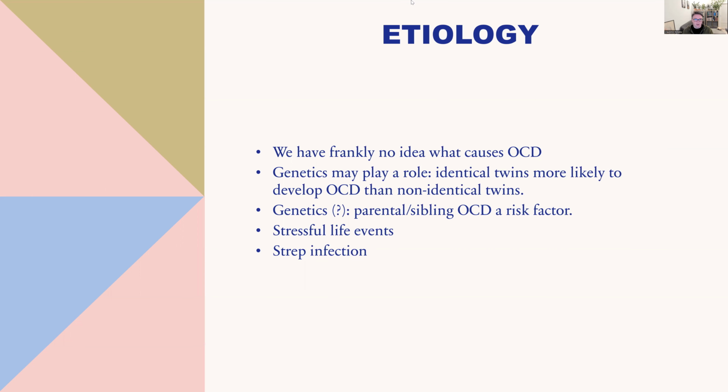We know this because identical twins are more likely to develop OCD than non-identical twins, right? So twins that have identical DNA versus those that don't. This tells us that there is something about the genes, but more likely doesn't mean that they will. So genetics might be one component of it, but it's certainly not the entire puzzle.